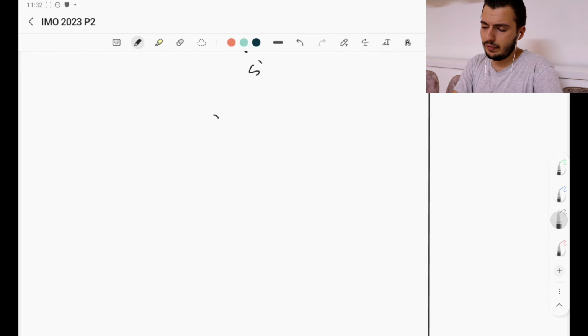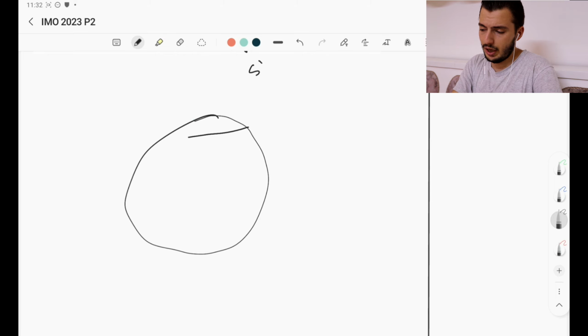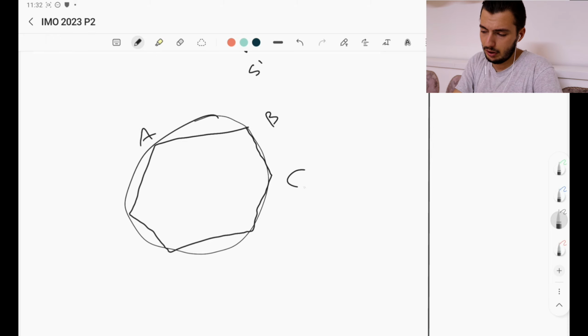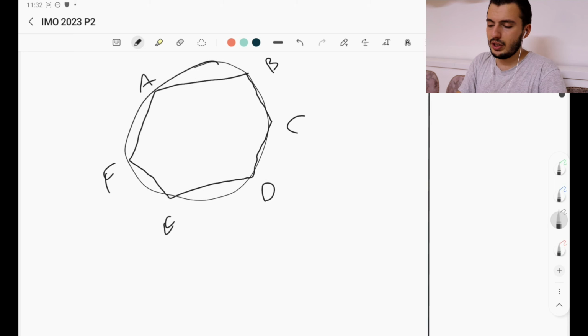Let's say we have a hexagon A, B, C, D, E, and F. The theorem says this.